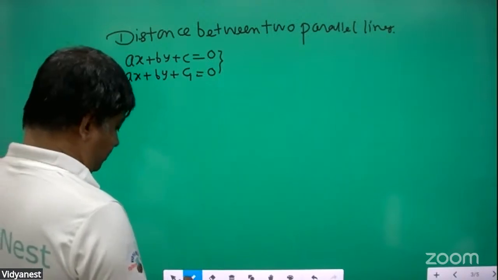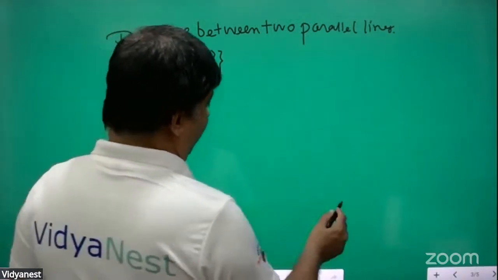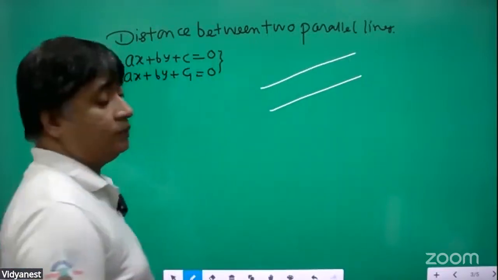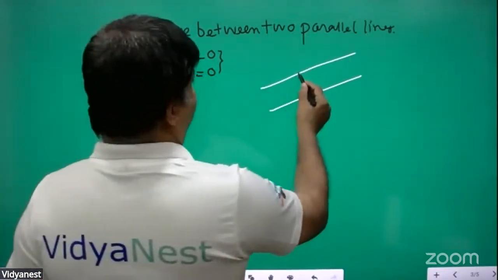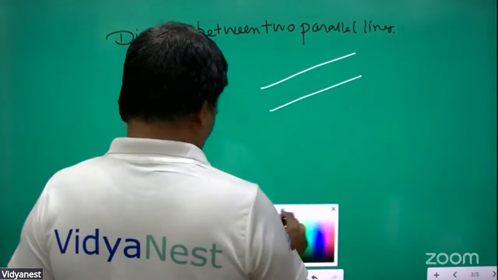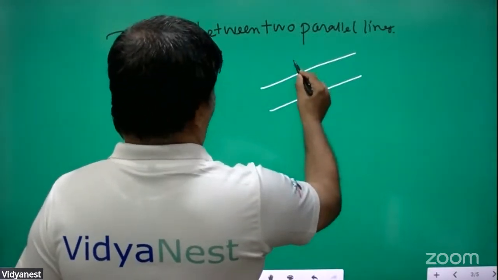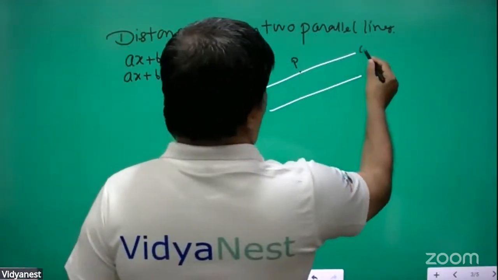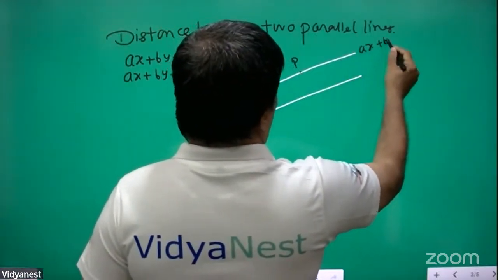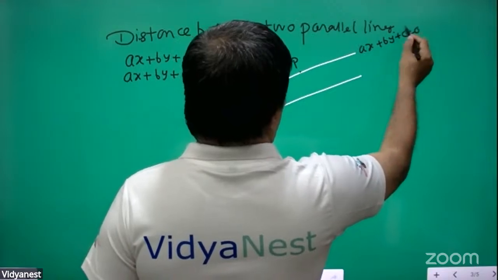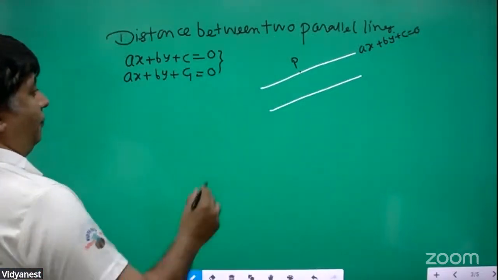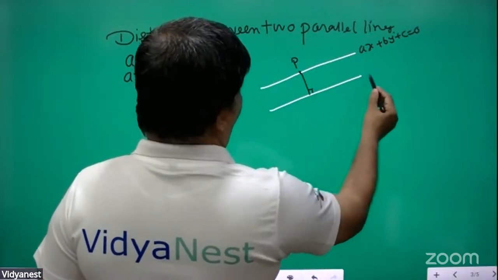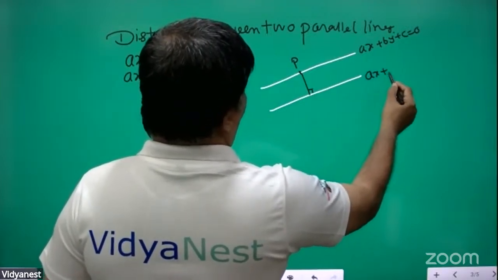Now, the figure will be like this. There is a point P on this line, say ax plus by plus c is equal to 0. And from here, we have to draw a perpendicular on the line parallel to the previous.